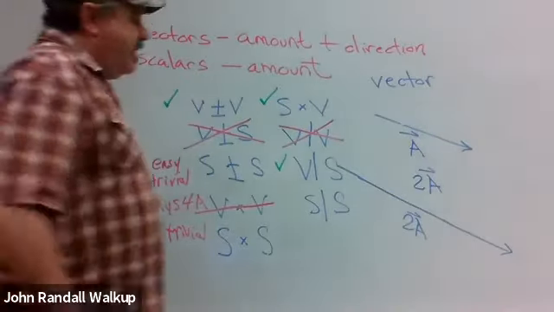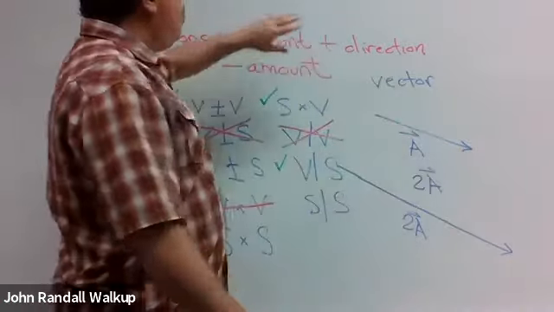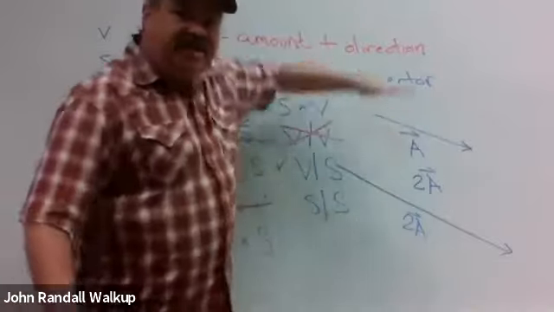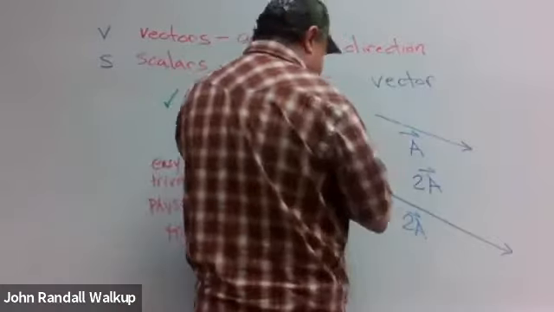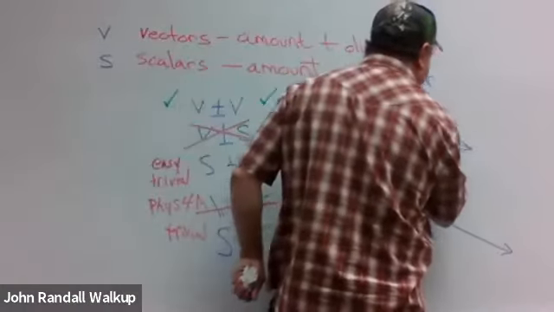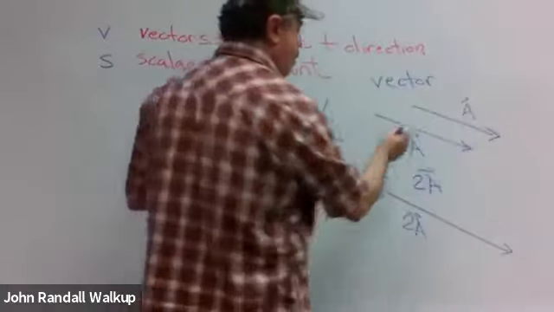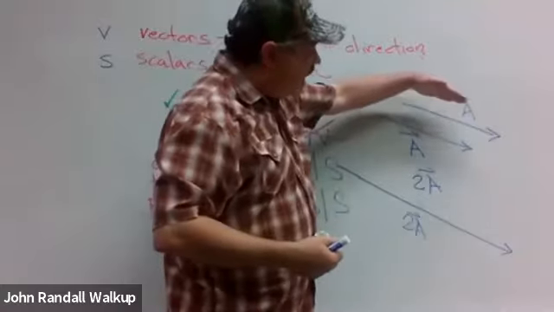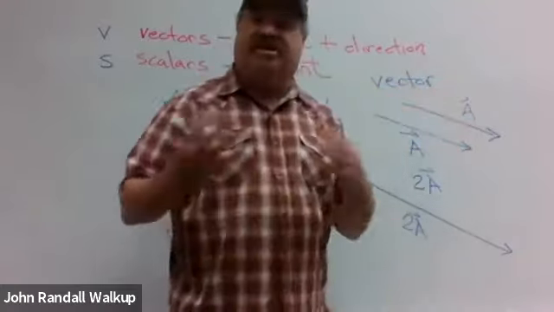Now notice something else. The vector is defined only by its amount and direction, not its placement. So this vector is A, but then so is this one. If this vector has the same length and the same direction as this one, they're the same vector.